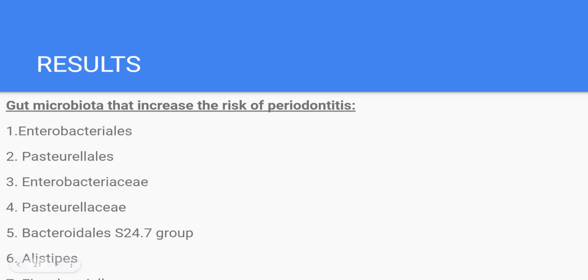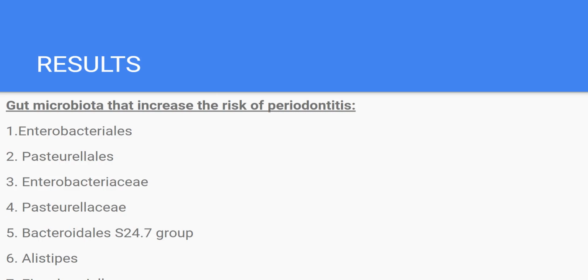So here we have the microbiotas that we see over here that are increasing the risk of periodontitis. All these cause an increased risk of periodontitis, and they have positive causal effects on the risk of periodontitis.